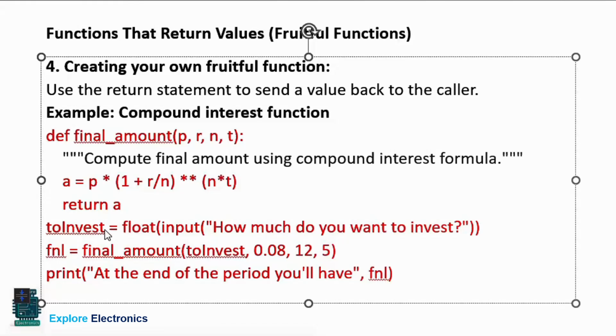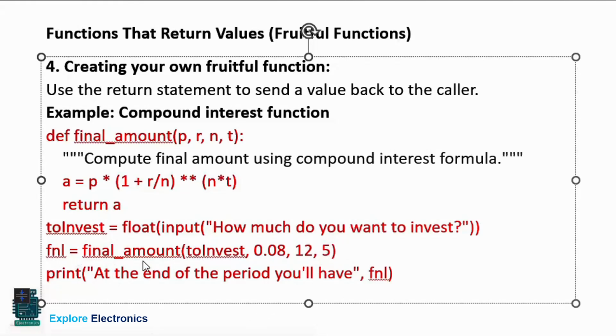To invest is equal to float input, how much do you want to invest. Here it asks the user for the amount and converts the text into float. And final is equal to final amount of to invest, 0.08, 12 and 5.